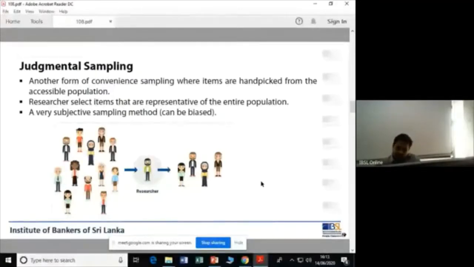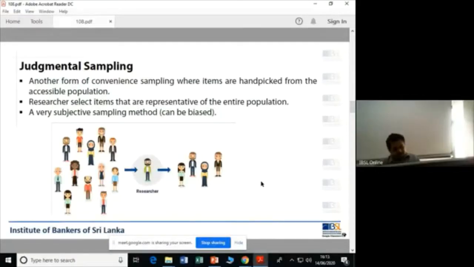So we use some of this expert selection or judgment in these sampling methods to define our simple n from the capital N.